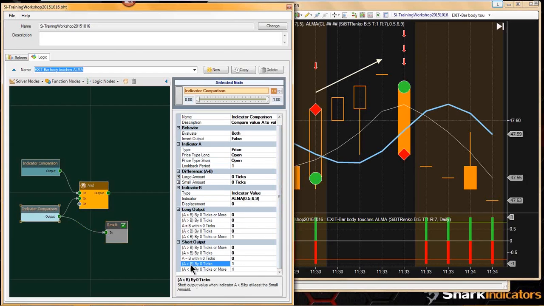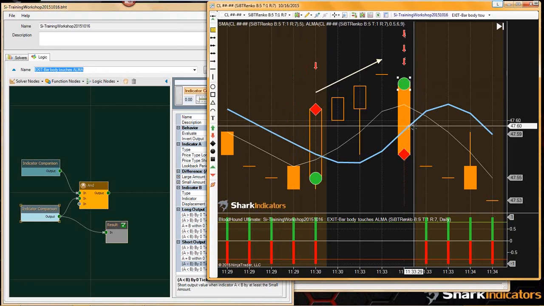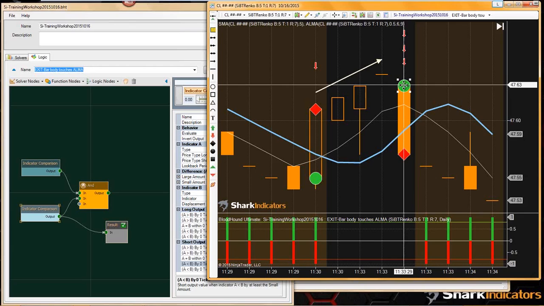and so for the short output, if we look at our short output, what we're saying is A less than B. So if the open is less than our indicator, we're getting a short output. But the open is actually greater than our indicator. So we're looking for the open to be greater than our indicator, not less.